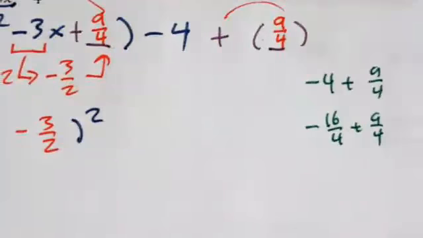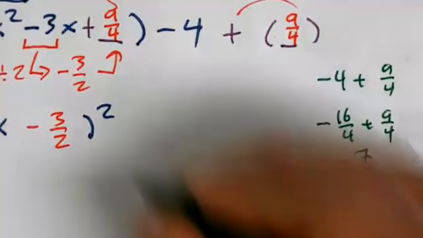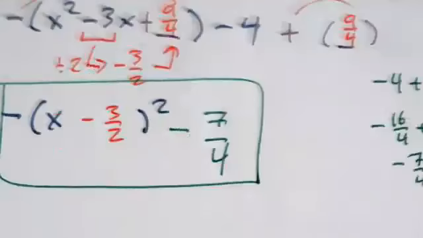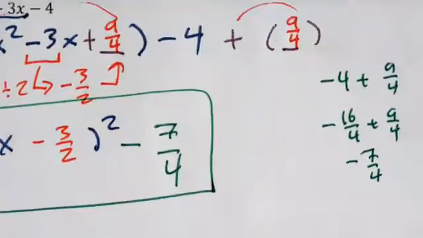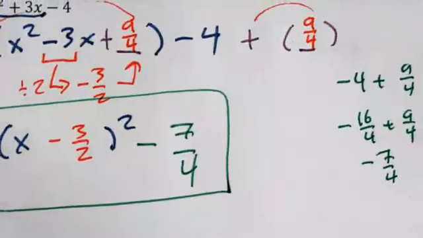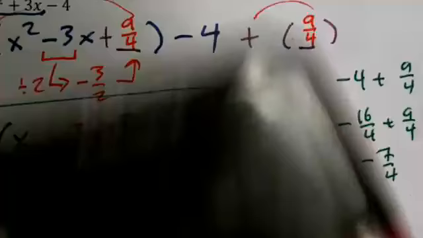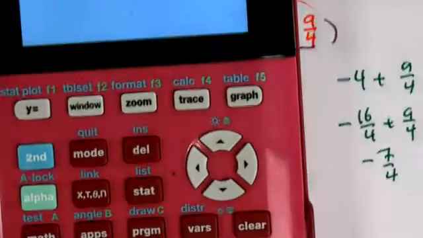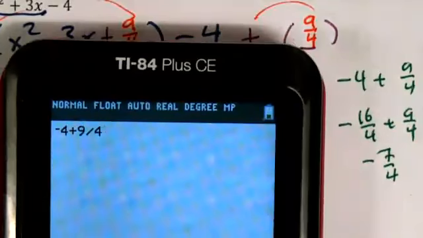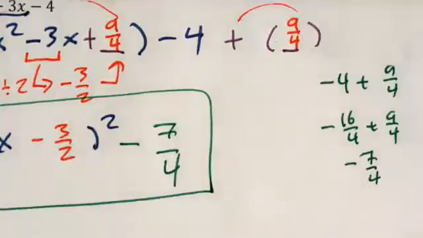That's negative 7. And if you're not super comfortable working out the fraction stuff on paper or in your head, don't forget you've got a calculator that'll handle it for you. Negative 4 plus 9 over 4. Right, and then just math frac. It's negative 7. Cool.